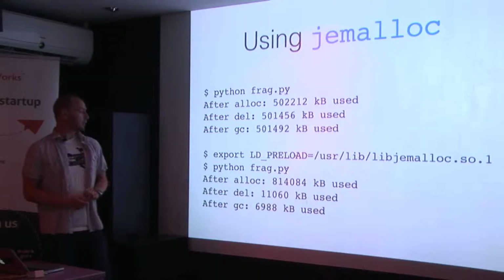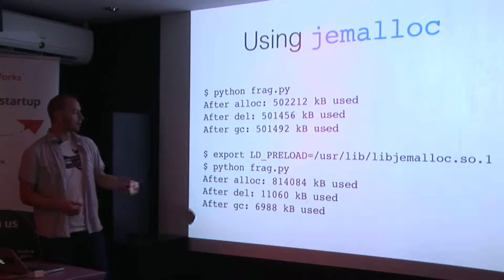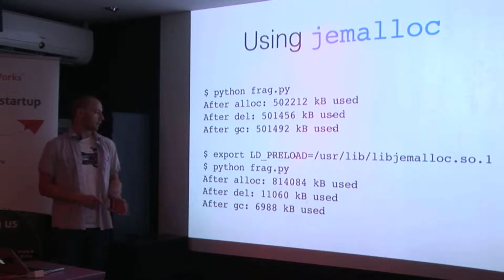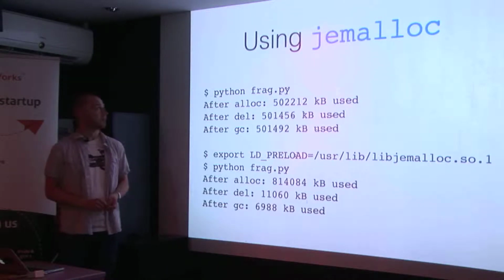But after deleting and releasing the boatload of strings we had there, it actually cleans up pretty well. We only have 11 megabytes of memory left, so that's almost nothing. And after running GC, that's a couple of megabytes less.